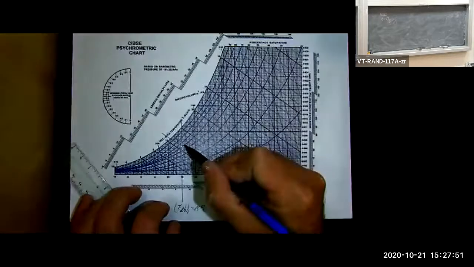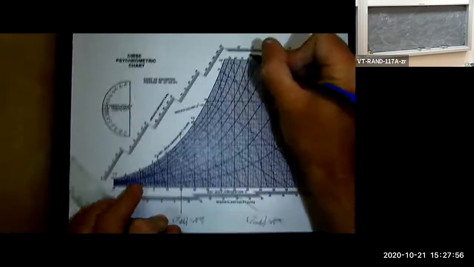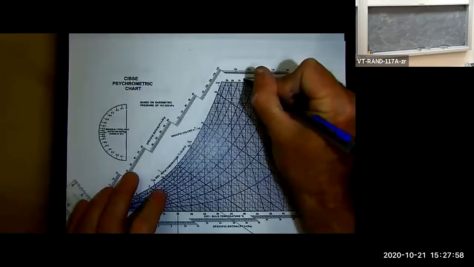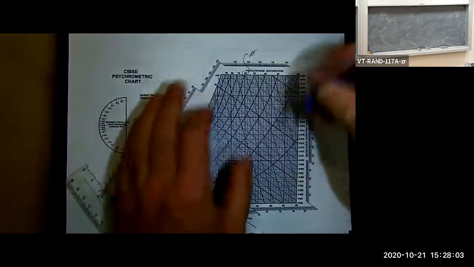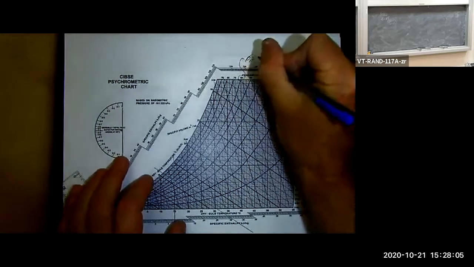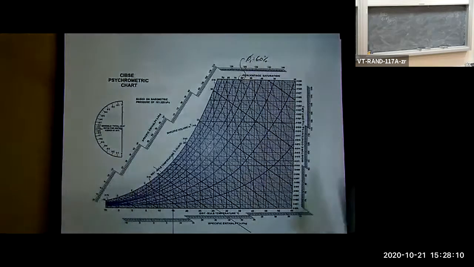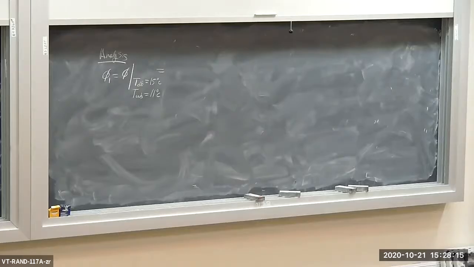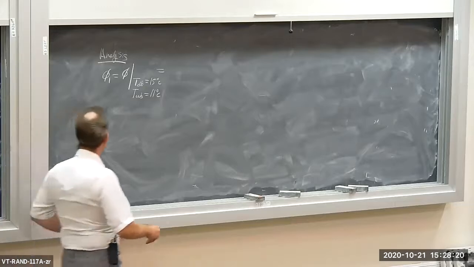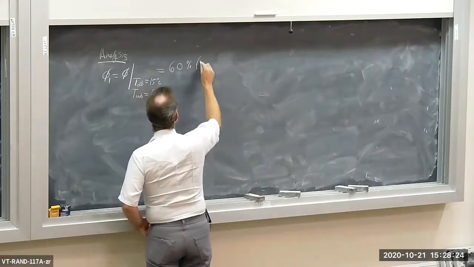what's my relative humidity here? Let's go up. 60%. So the relative humidity at location 1 is 60%. That's from the psychrometric chart.